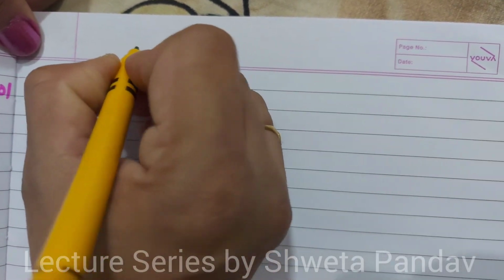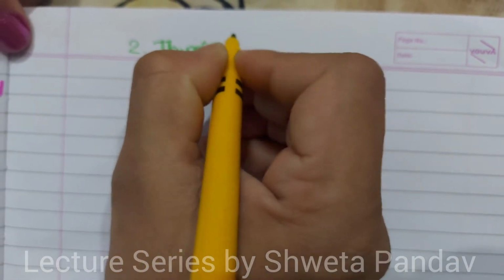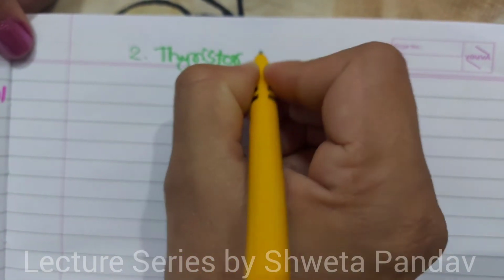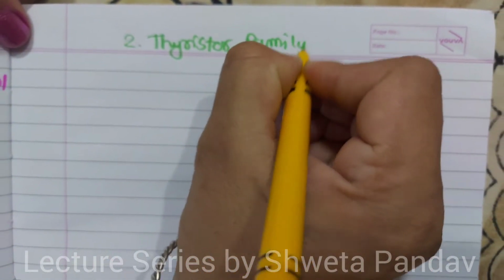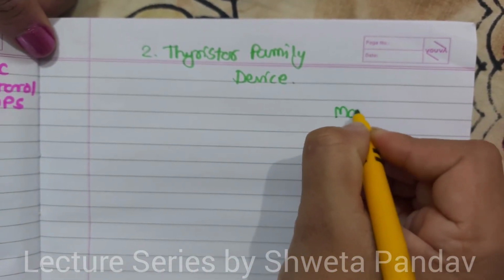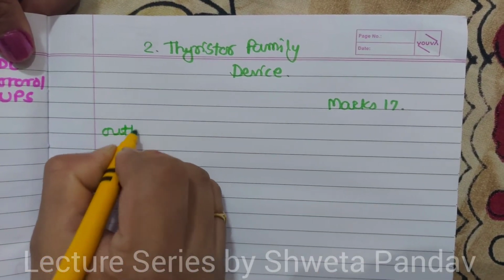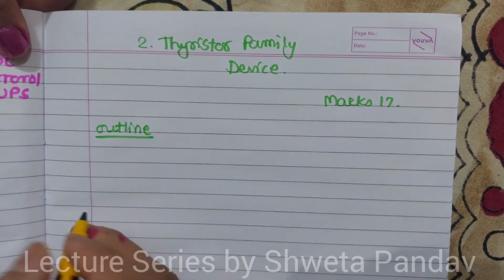Let us start with the second chapter, thyristor family devices. The total weightage of this chapter is 17 marks. In this session, this is the outline of today's class.